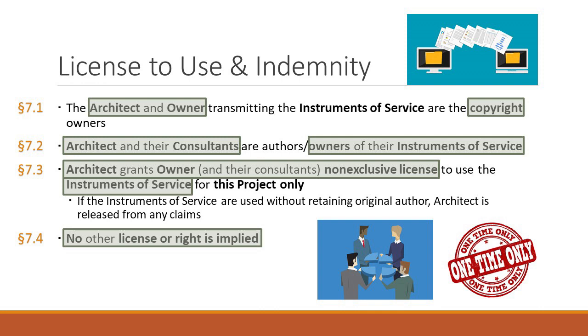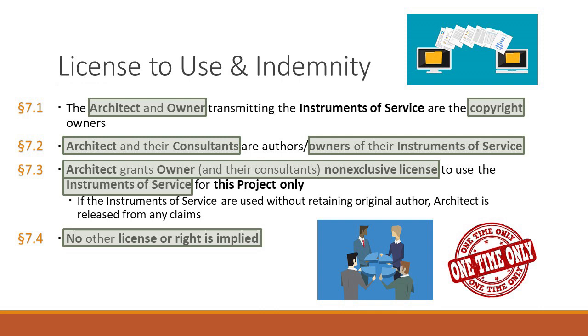So these provisions, 7.3 and 7.4, are truly the get-out-of-jail-free cards for the architect. Hey, I'm going to design it for you. You've got to pay me for it. But if you don't pay me, the license terminates. Or, if you're using it for another project, I have no responsibility. You have to handle that yourself.